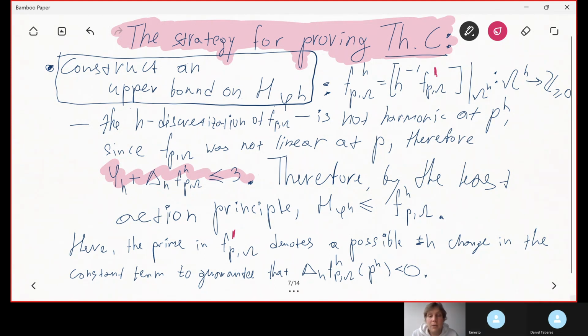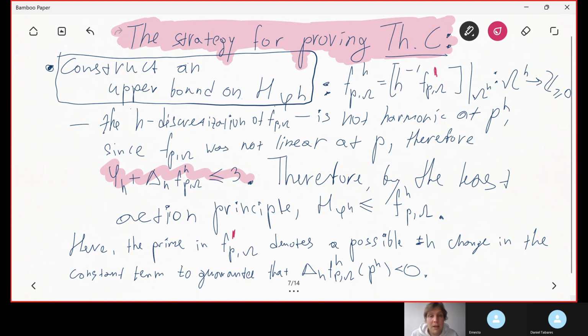I didn't explain one more technicality: maybe we've chosen the rounding wrongly, and this pH is not exactly on the tropical curve, but somewhere nearby. So we would need to perturb a little bit the constant term of the tropical polynomial so that the tropical curve actually passes through pH.